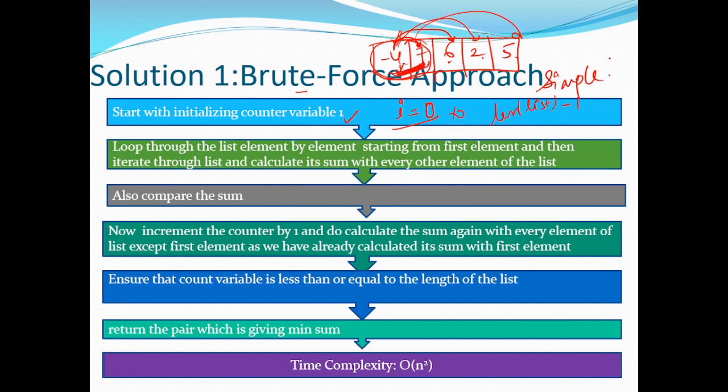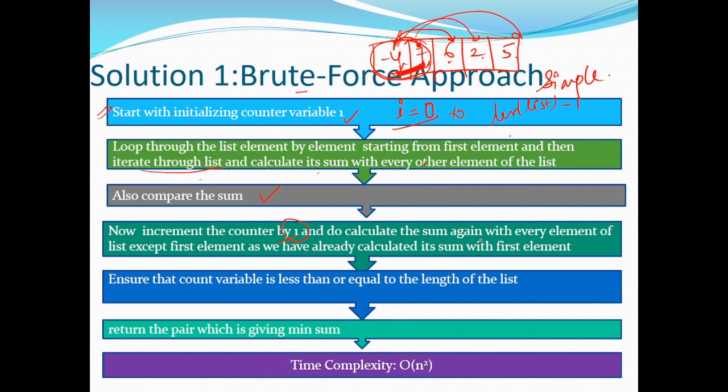Because the length of the list is n, and we know that list indexing starts from 0. Then an inner loop will execute for j, looping through the list element by element, and we will calculate the sum and compare the sum. After coming out of the inner loop we will increment the counter by 1, that is for the outer loop.